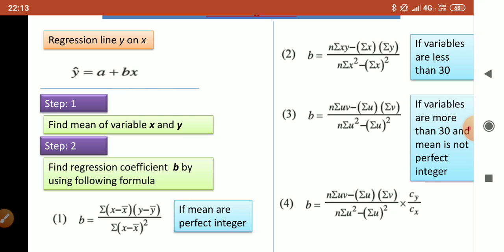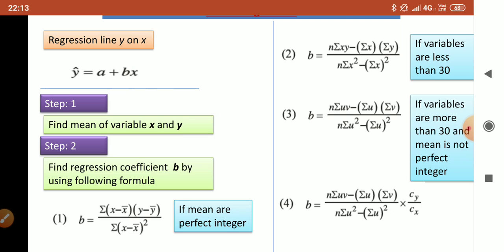Because in the sum, when we have found sigma u, in order to decrease those variables, we have divided by some number, that is cx, and in v we have divided by some number, that is cy. So cy by cx you have to do at the end, then and only then you will get the perfect answer. So these are the formulas to find b.